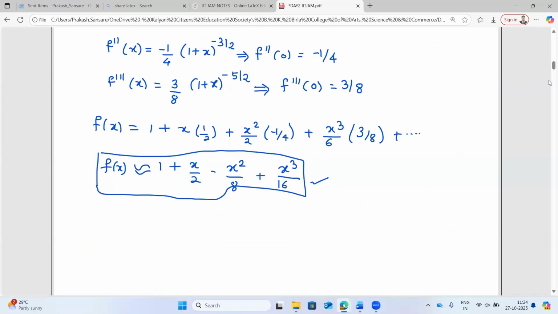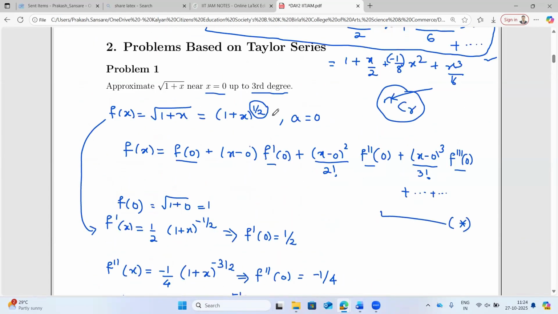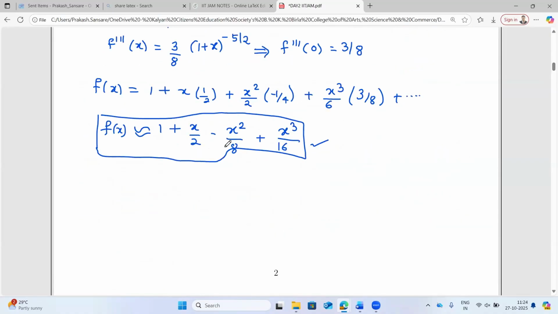That is one. Another beautiful application is that you can write down this expression in terms of a polynomial, and this polynomial is very smooth: 1 plus x by 2 minus x square by 8 plus x cube by 16, and so on and so forth.